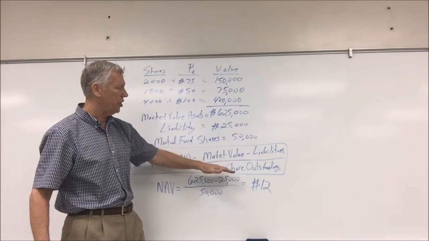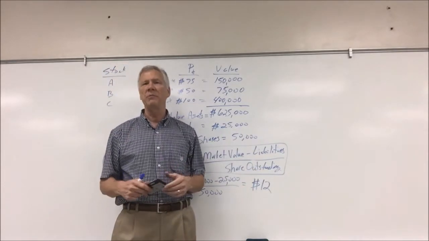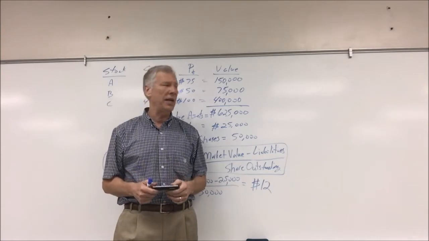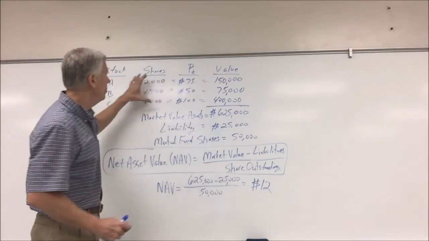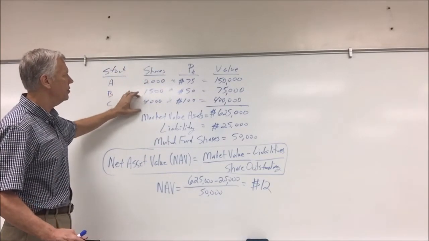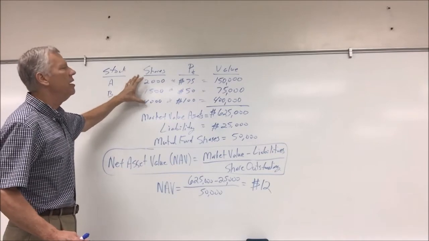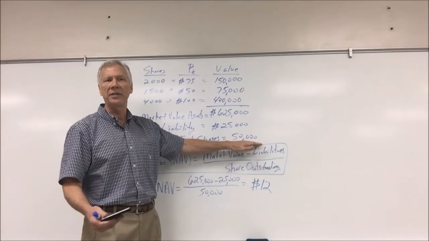Then we're going to want to put this, so this is the net value here, but we want to put it on a per share value. Now we want to divide this through by the number of shares that the mutual fund has outstanding. Now, this number really has nothing to do with these numbers right here. This is the number of shares of individual stocks that they're owning, okay? But the mutual fund can issue as many shares of its underlying stock as it wants to.